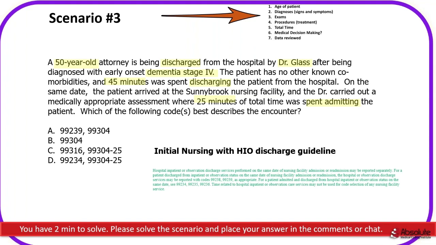So yes, we are going to report both the services, the discharge services from the hospital as well as admitting services in the nursing facility. So code both. So from sight itself, we can eliminate option B because this scenario requires a minimum of 2 codes, right? So we can eliminate option B on sight.